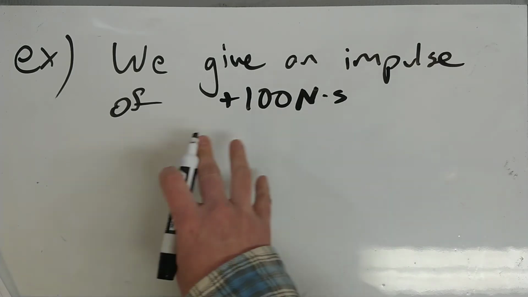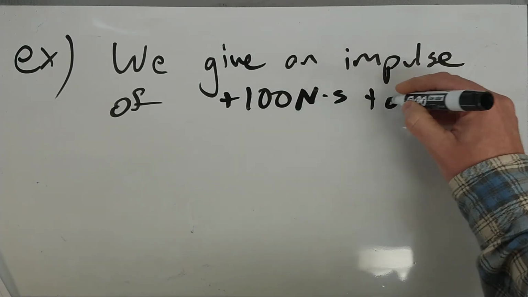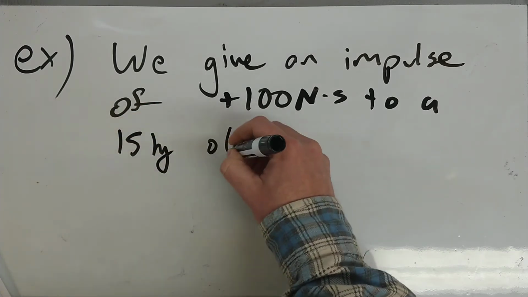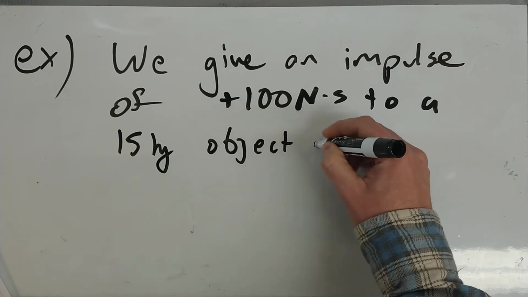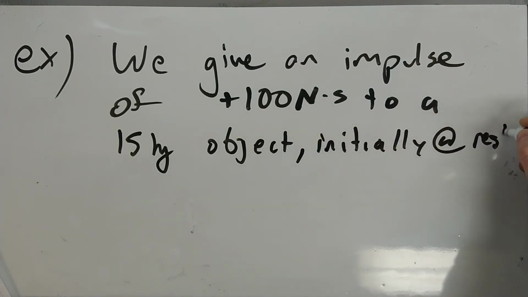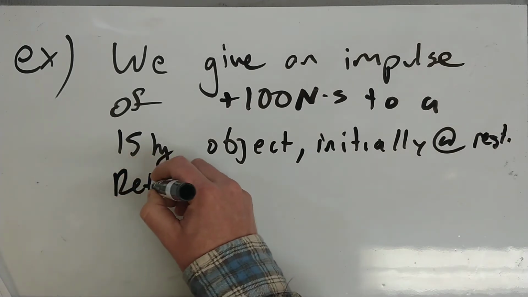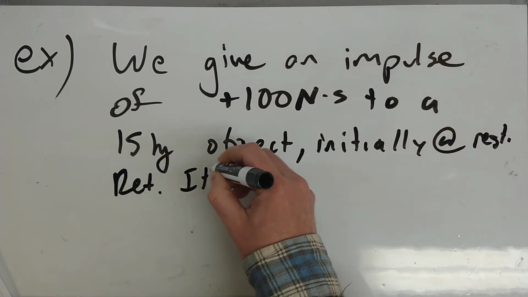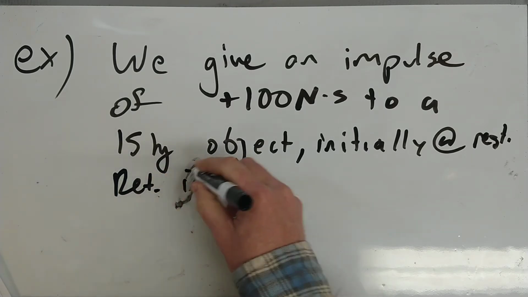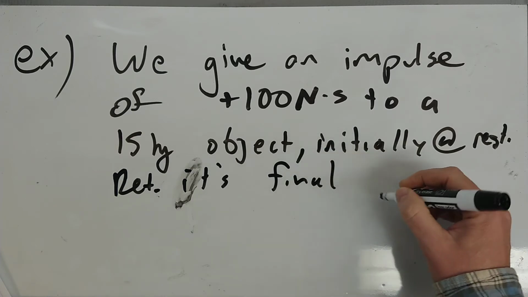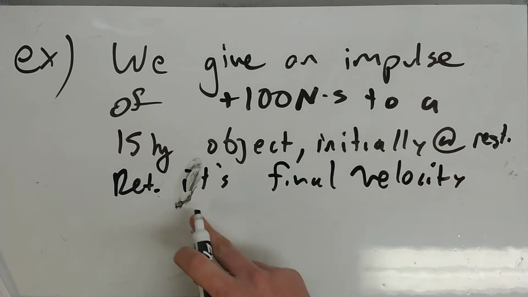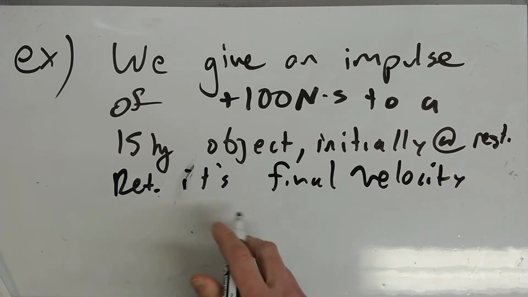We give an impulse of positive 100 newton seconds to a 15 kilogram object, initially at rest, let's say. Determine its final velocity. All right. Haven't left myself much room here, but whatever.